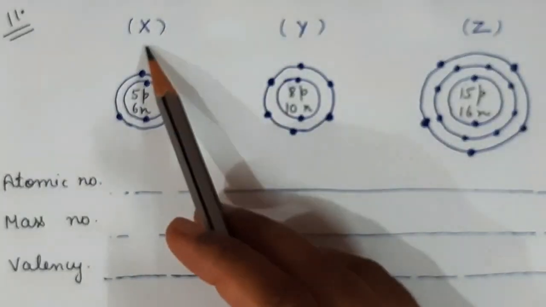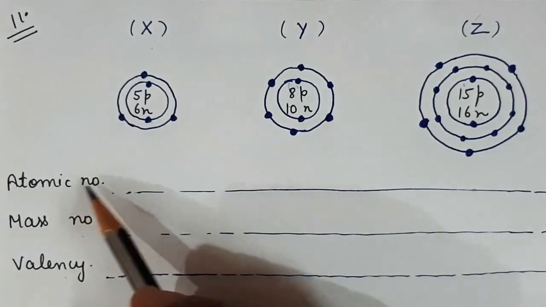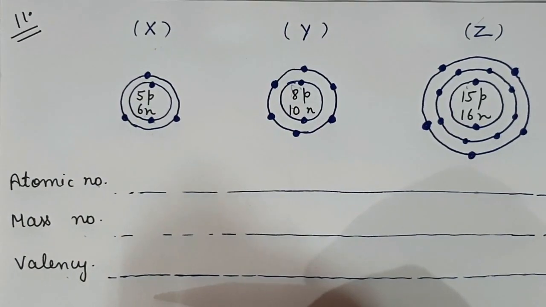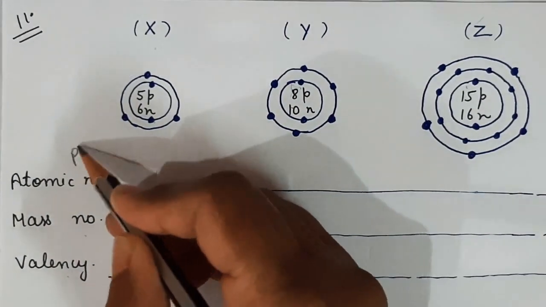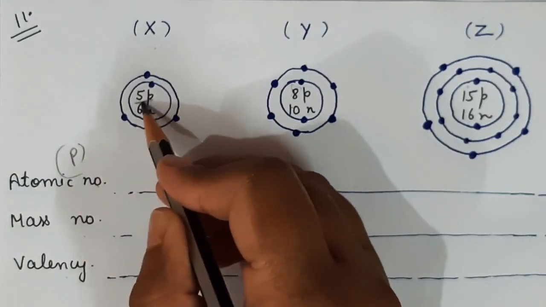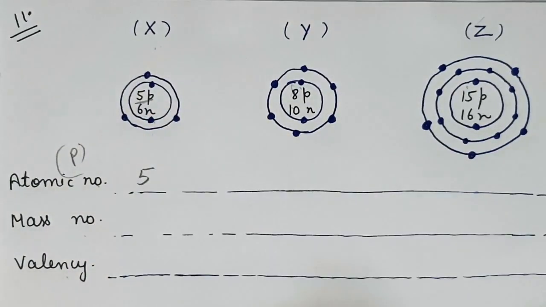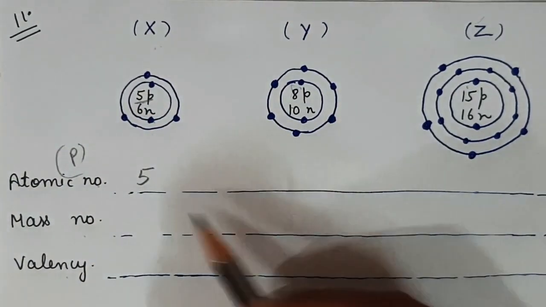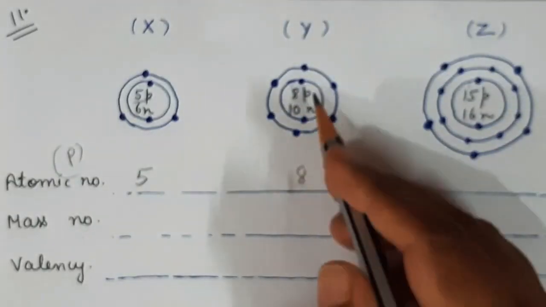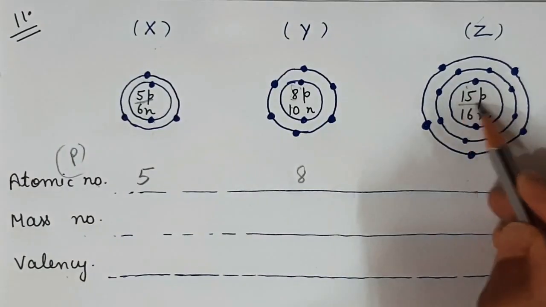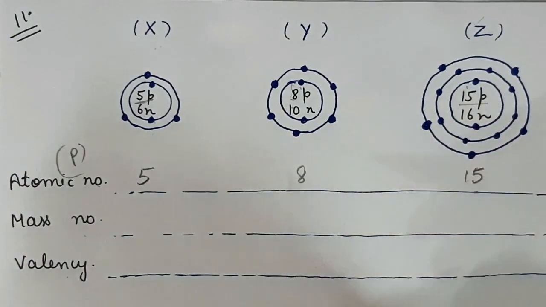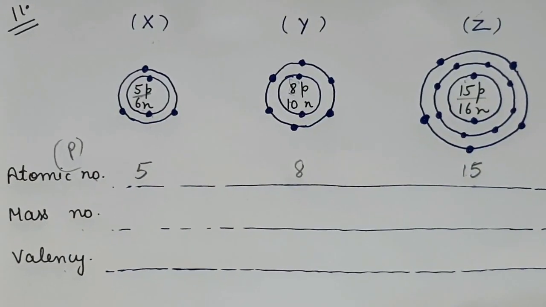So take the first case X. What is the atomic number? Atomic number is equal to the number of protons. In the first case the number of protons is 5, so atomic number is 5. In the second case 8 protons. In the third case 15 protons, so atomic number 15. Clear?